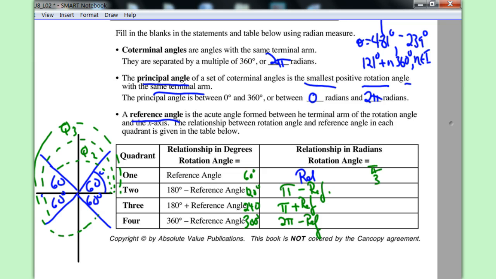So if you had pi minus pi over 3, a little bit tougher to do in your head, but it's really just 2/3, because 3/3 minus 1/3 is 2/3, and pi plus 1/3 is equal to 4/3. And 360 degrees, which is 2 pi, minus 1/3, well, 6/3 minus 1/3 is 5/3. It might seem a little more complicated than degrees, but it's actually not. You'll get comfortable with it. You just have to get used to that.